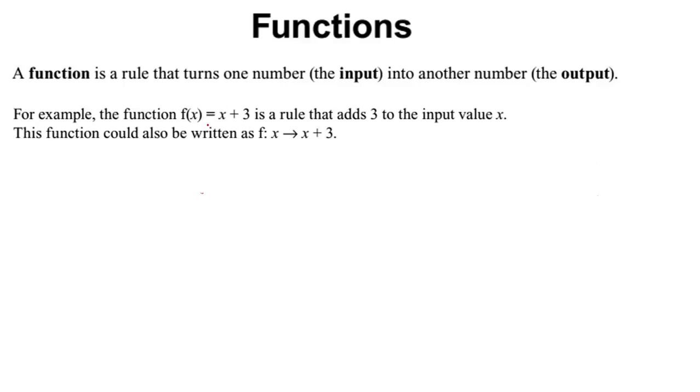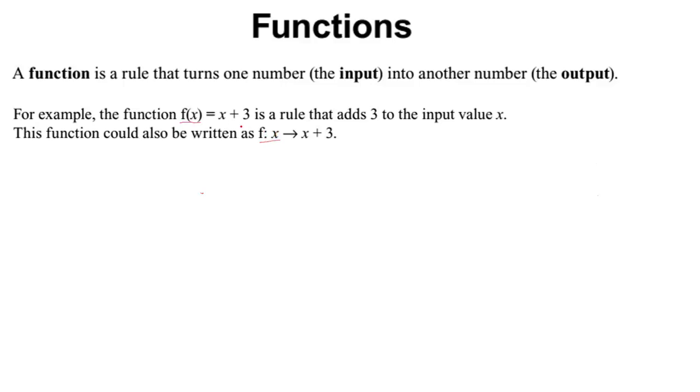The function f of x equals x add 3 is a rule that just adds 3 to the input value of x. What I should also pinpoint is that f of x can be written like that, or can be written in this format here: f with those 2 dots there, and x.